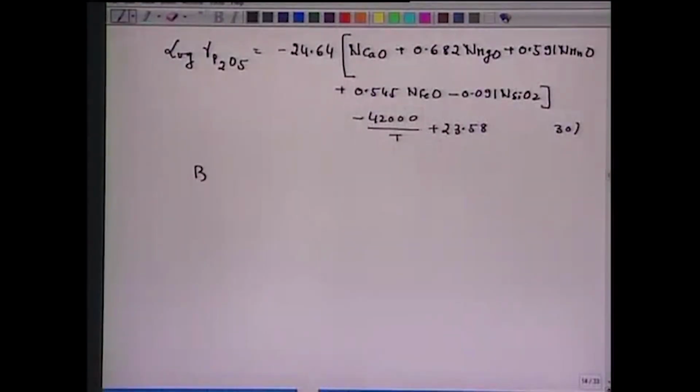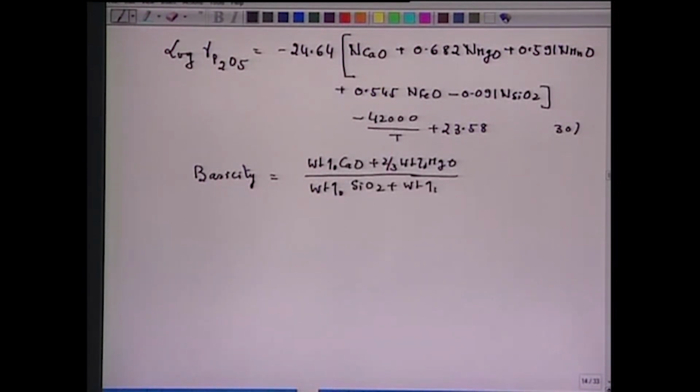So in relation to this, basicity can be defined as weight percent CaO plus 2 by 3 weight percent MgO upon weight percent SiO2 plus weight percent P2O5, and this is equation number 31.